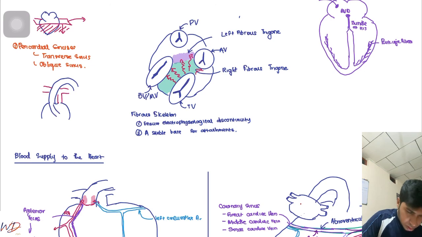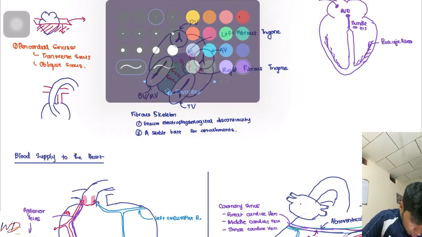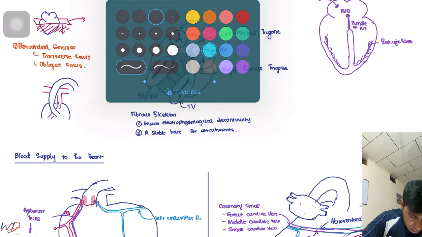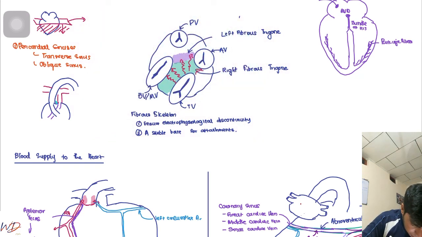Remember, I told you these two cross like this. Now, if you look carefully, you can see there's a space here, where you can put a forceps in and ligate the arteries. The coronary arteries and such, you can ligate those.